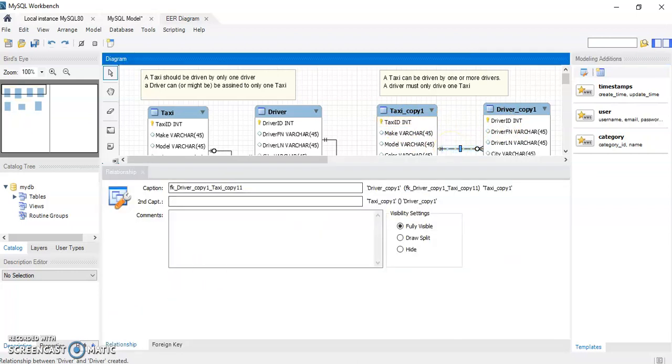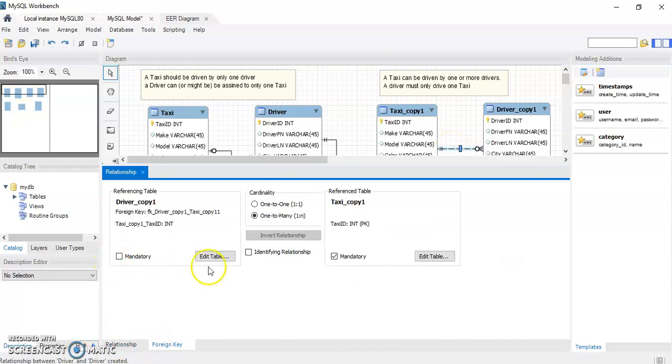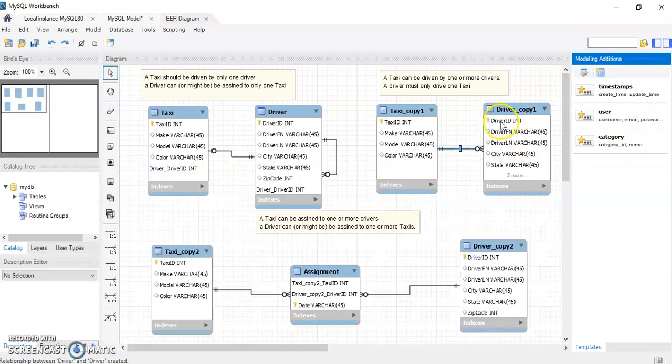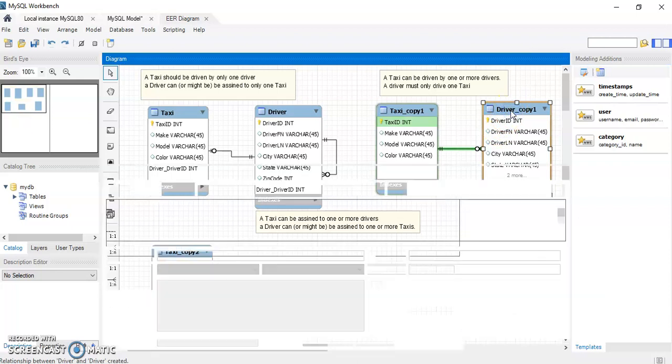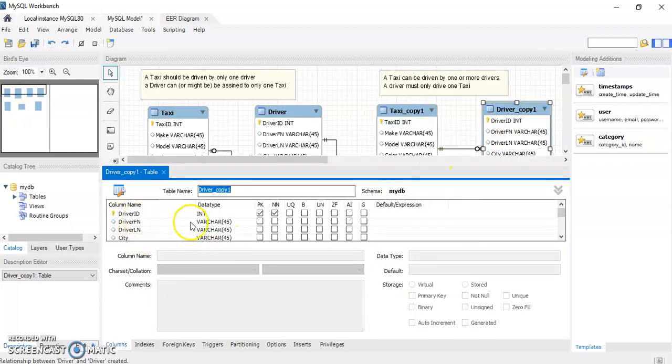This one here in that scenario is going to become identifying, and then what we will do is make this part a composite primary key. Each driver, in addition to having the driver ID, we are also going to add this one as a primary key. As you can see here, the moment we made this one identifying, Workbench made this one a primary key as well.